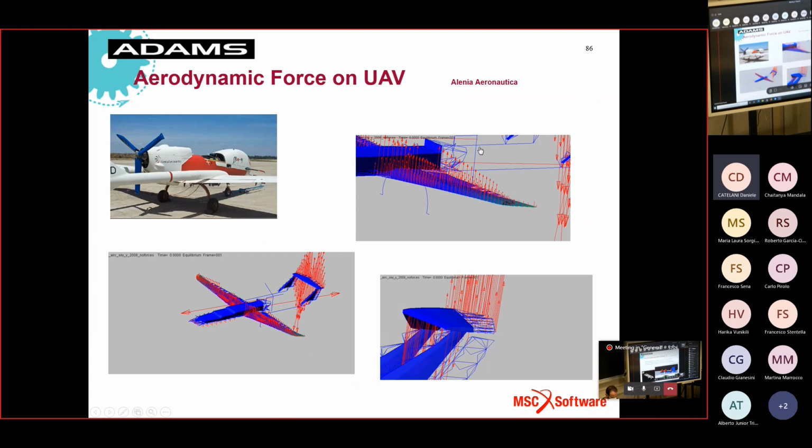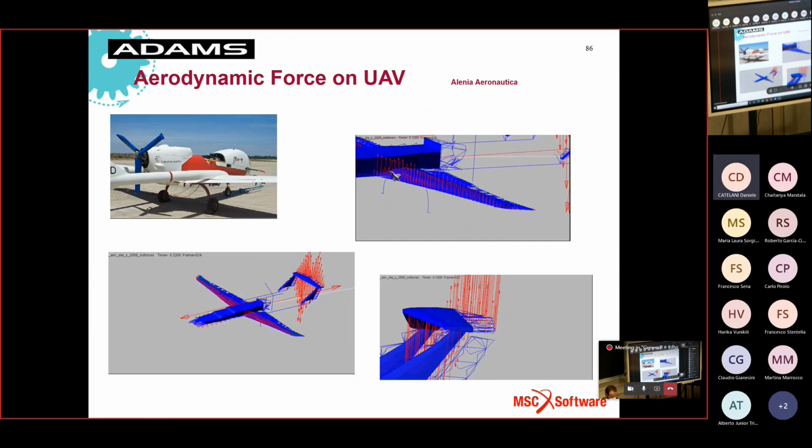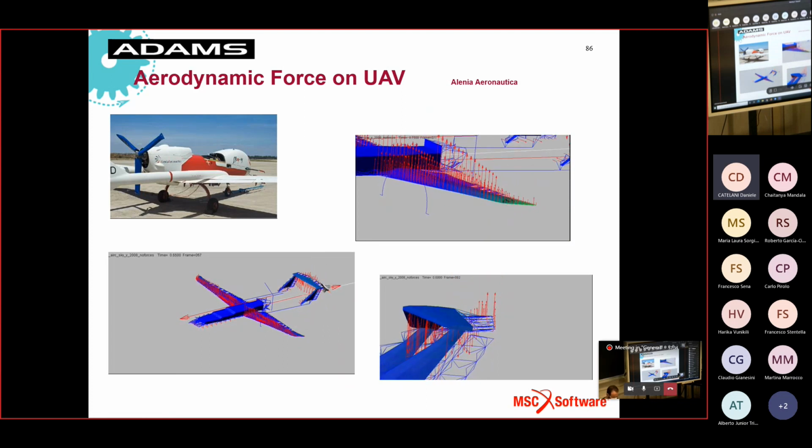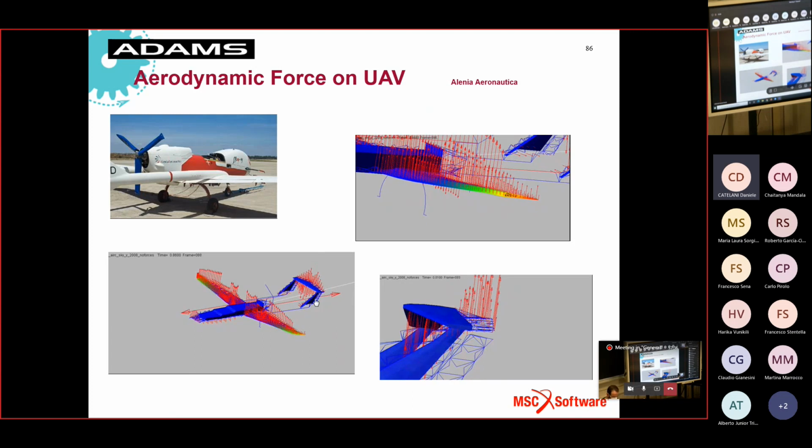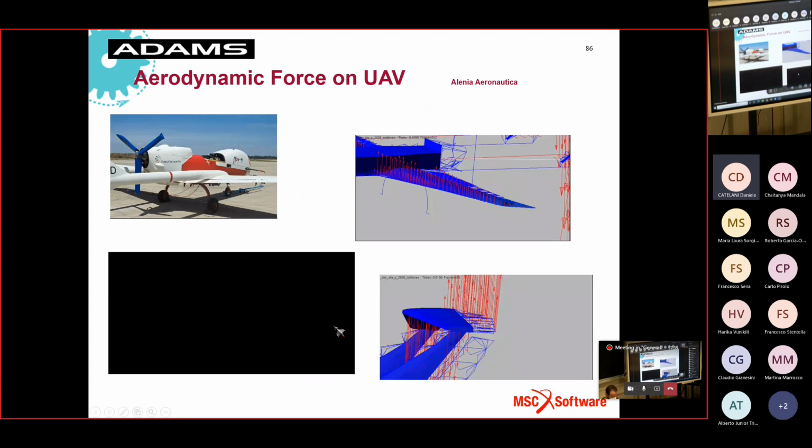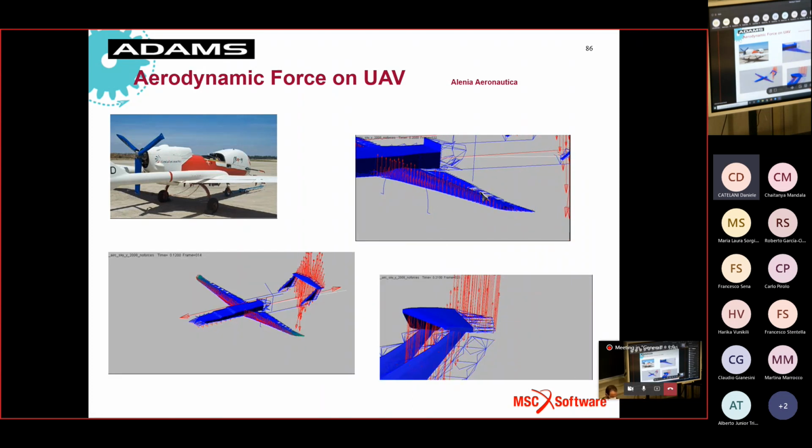This is a UAV and you have flexible wing, flexible fuselage, flexible aileron, flexible elevator, and you see distribution of forces along the flexible bodies.